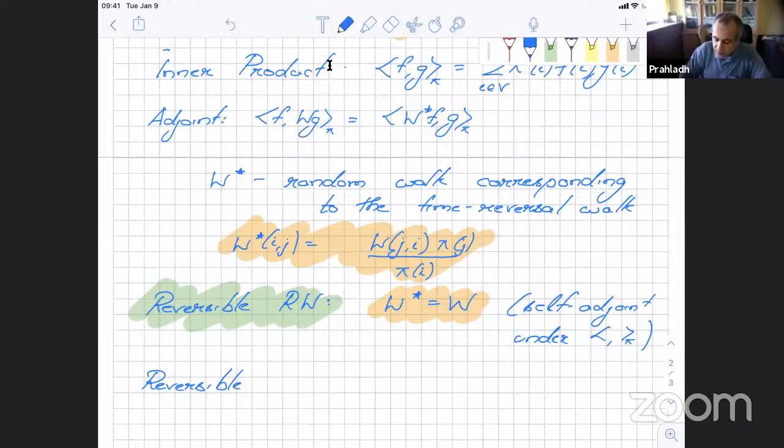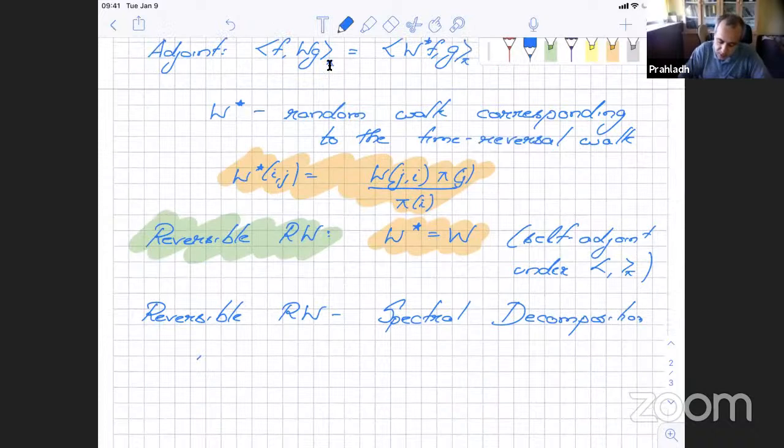For reversible random walks, there was a full spectral decomposition. In particular, we had the eigenvalues 1 equals omega 1 greater than or equal to omega 2 and so on, down to omega n, which was greater than -1.